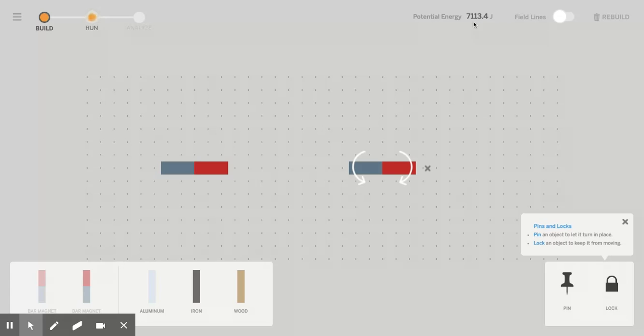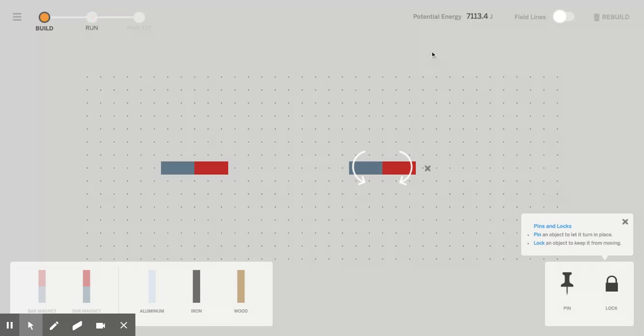Okay? And now our potential energy is 7,113. Oh, so it's different than our starting potential energy before. That's interesting. I wonder what our ending potential energy is going to be. Let's find out. So take a moment, write this down: 7,113.4.